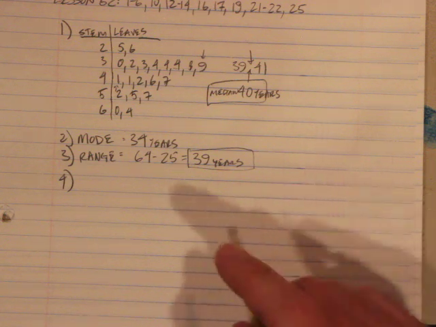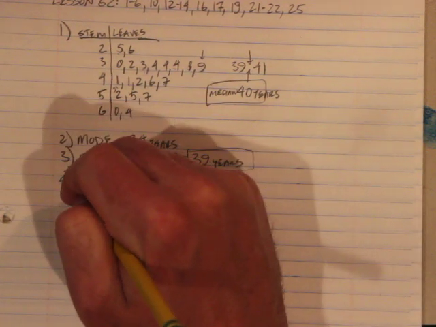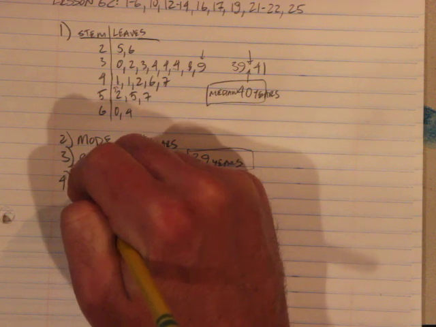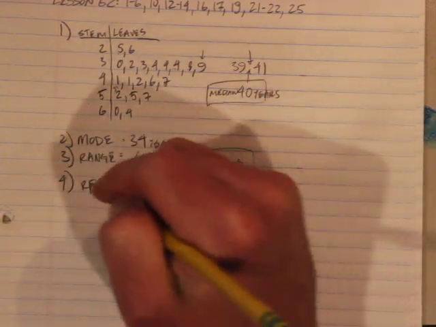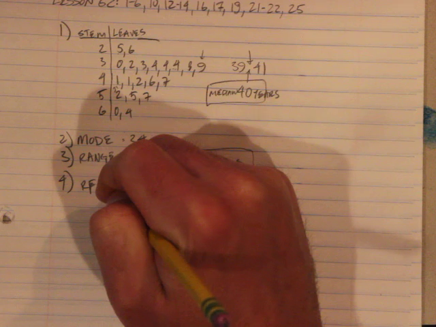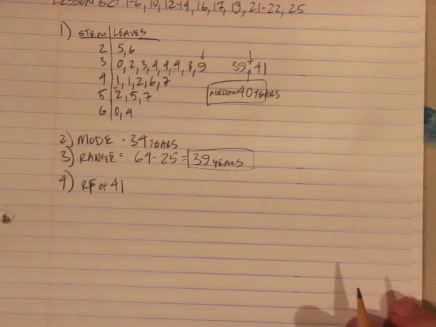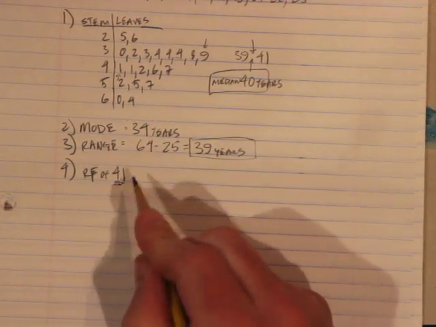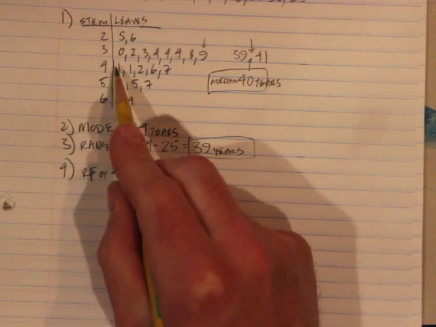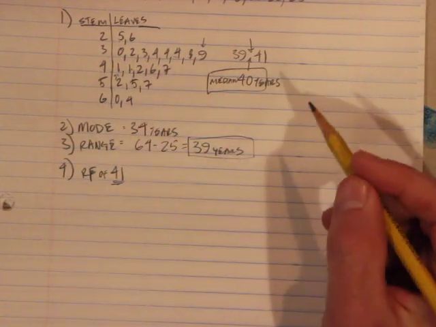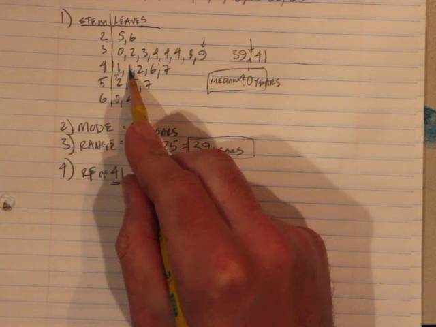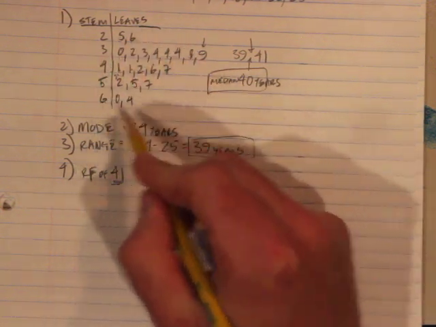Relative frequency of 41. So relative frequency, I'm just going to say RF for right now, of 41. And what we're doing here is finding 41. Here's 41. There are 2 of them. And I remember I have 20 terms total.